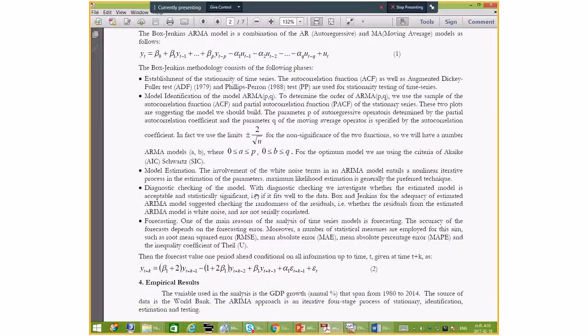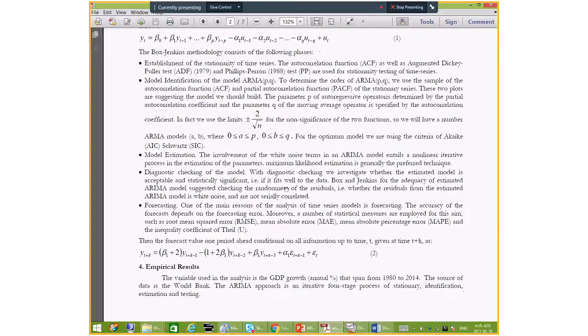Next, after determining the order of autoregression and moving averages, that means after determining P and Q, we estimate the model.